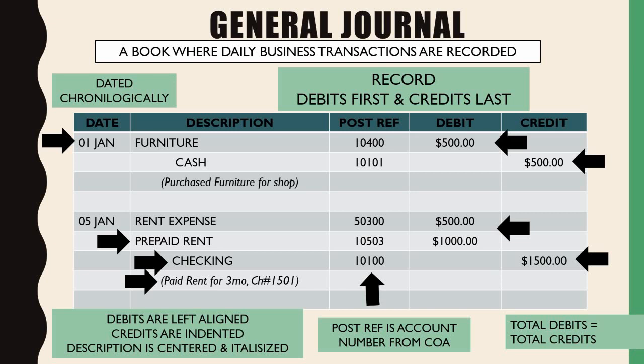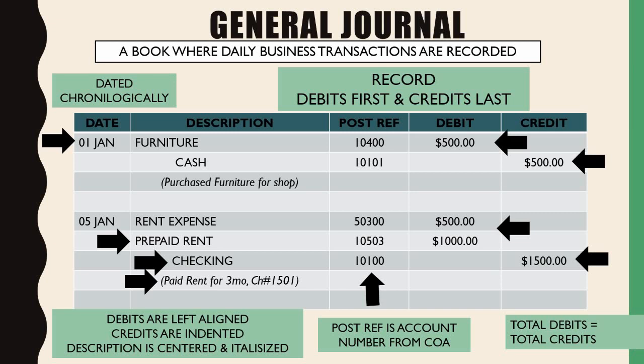Okay? No. I'm going to be using full words, okay? And that's the rule here where your debit accounts are normally going to be left aligned and your credit accounts are going to be indented with a space in between, and then you're going to go ahead and write your account name, okay?